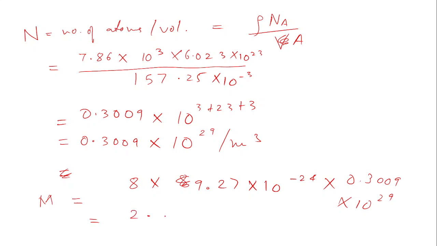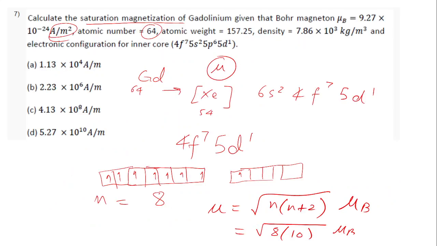This is 2.23 times 10 to the power 6 ampere per meter. B is the correct answer.